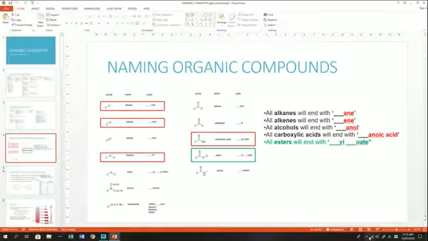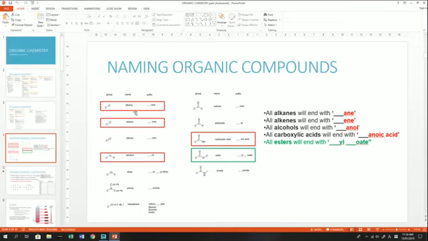And why I'm talking about this is because you really do need to be able to immediately figure out or be familiar with the functional groups, and we will go through each of these individually throughout the video. But the functional group of a compound basically dictates most of the name. Each of these functional groups has a specific name ending attached to it.